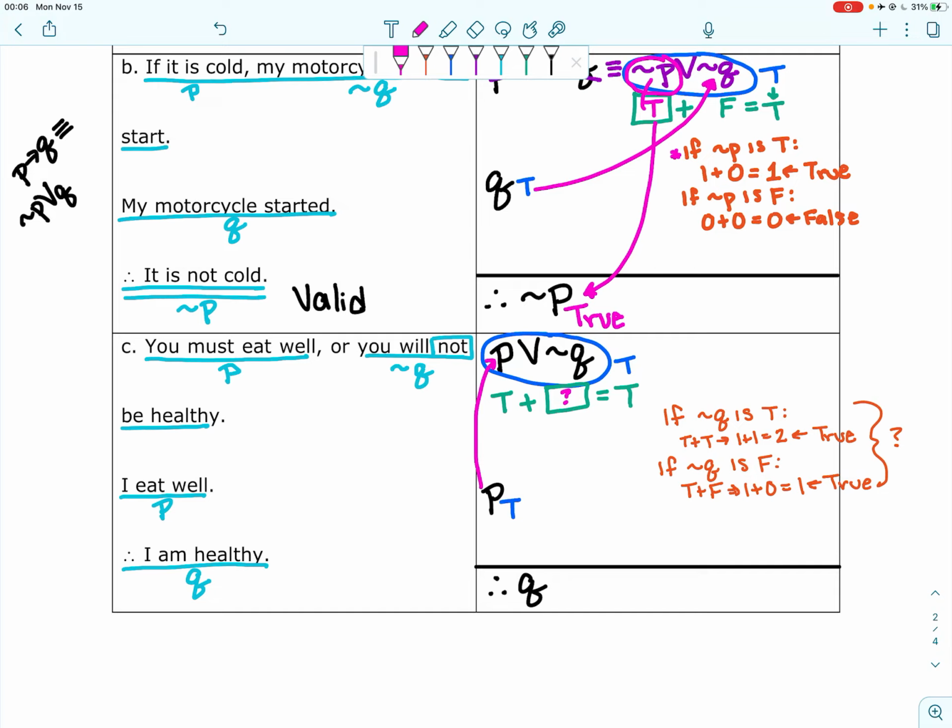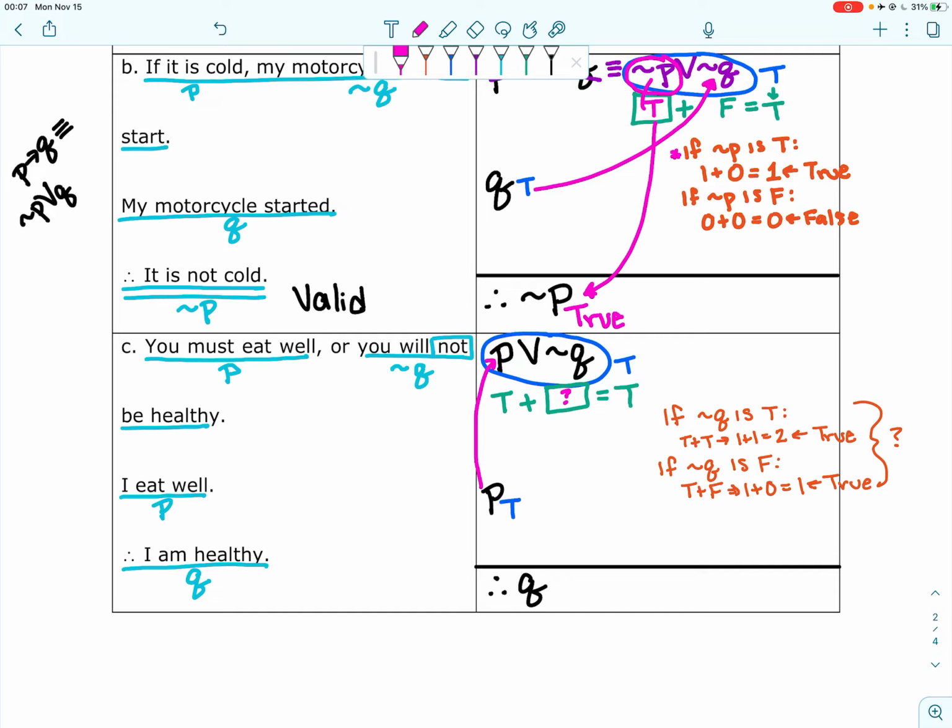I don't know what not Q is supposed to be, because there wasn't a clear answer like there was in the previous problem. In the previous problem, we were able to say the only way that this could be true is if not P is true.